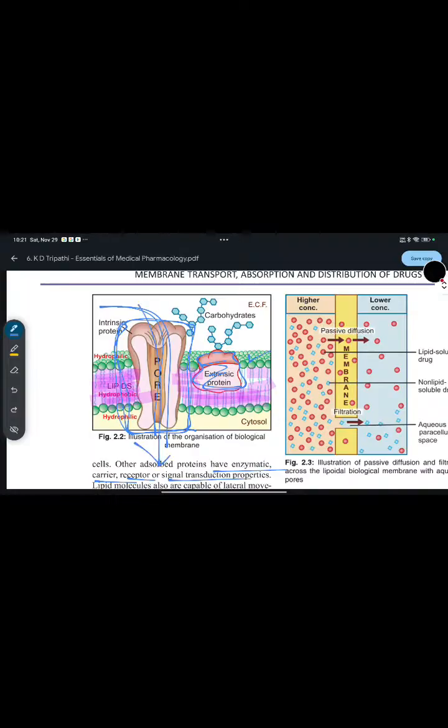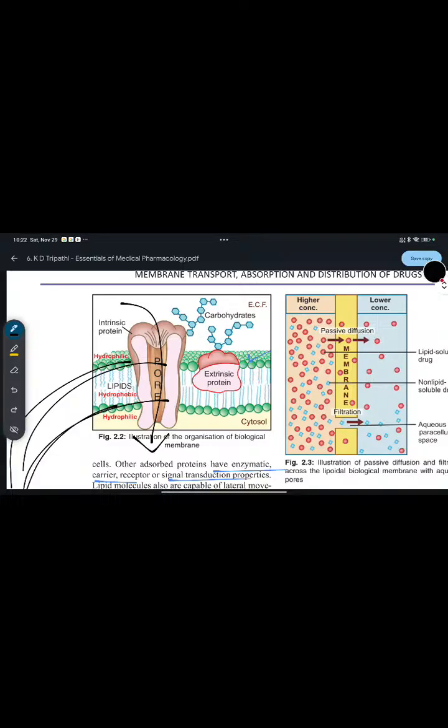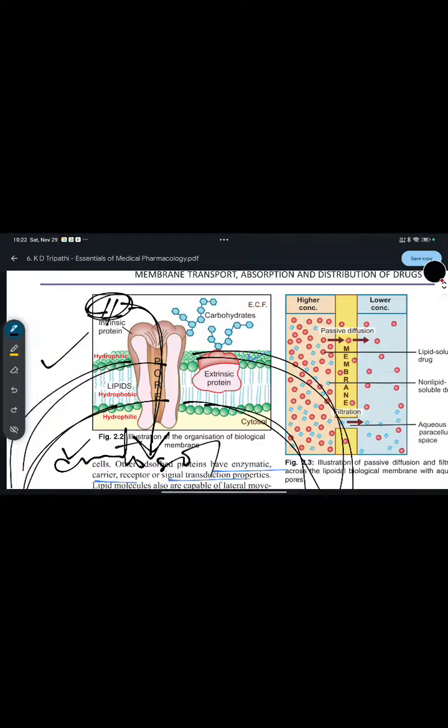That means they are transported from one side of the membrane to the other side. Now, this is the cell membrane, this is outside of the cell, and this is inside the cell. One substance, for example any drug, is going from outside the membrane to inside. This is cytosol. Cytosol means the inside cell area, and this is the outside cell area, the extracellular part.